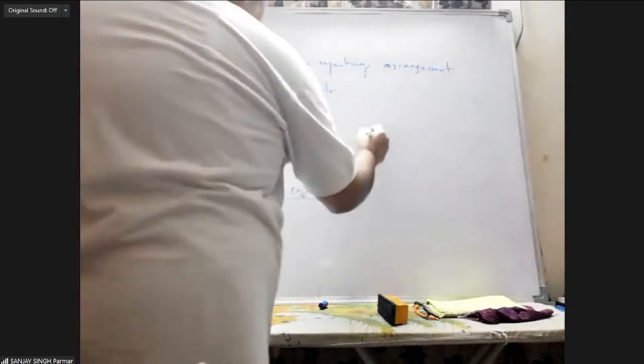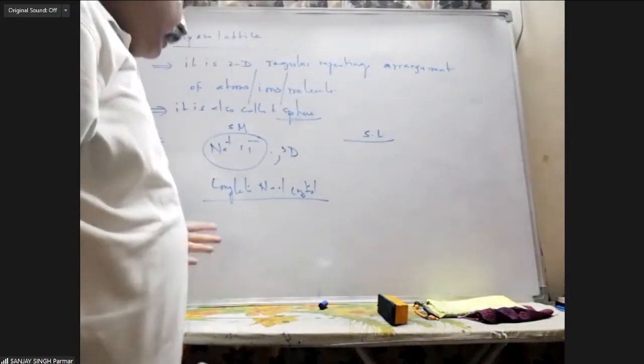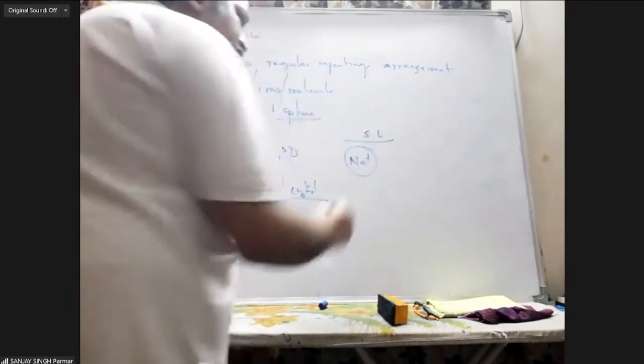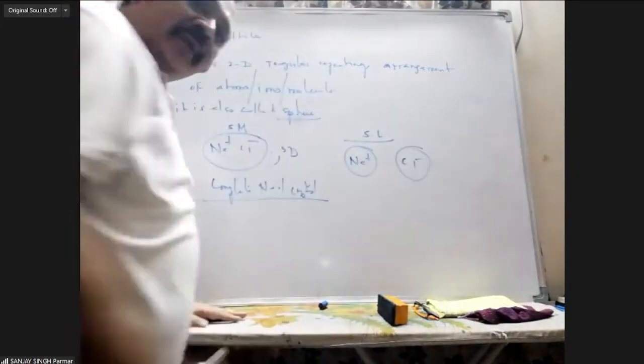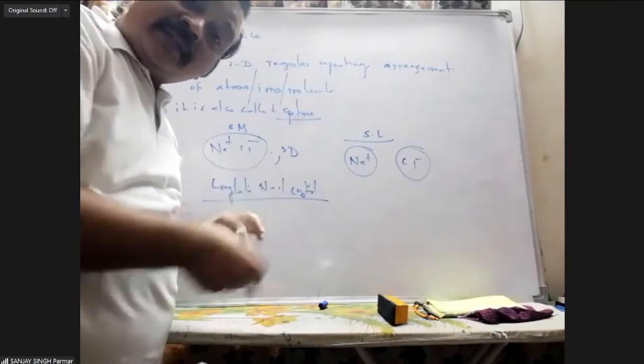But in the space lattice, the Na plus sphere will be different and the Cl minus sphere will be different; here Na plus and Cl minus are not together.